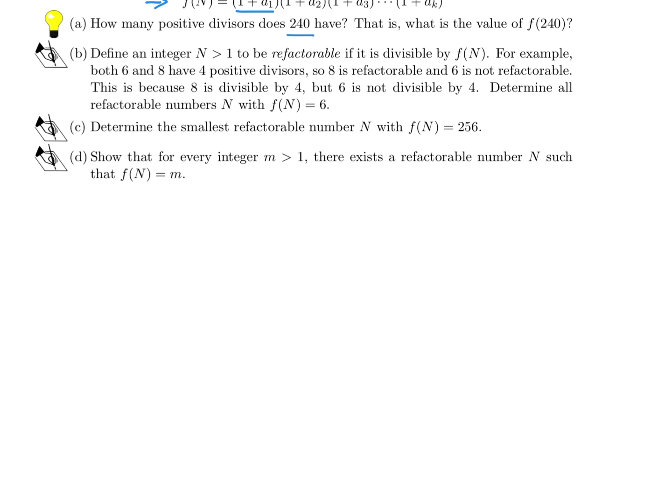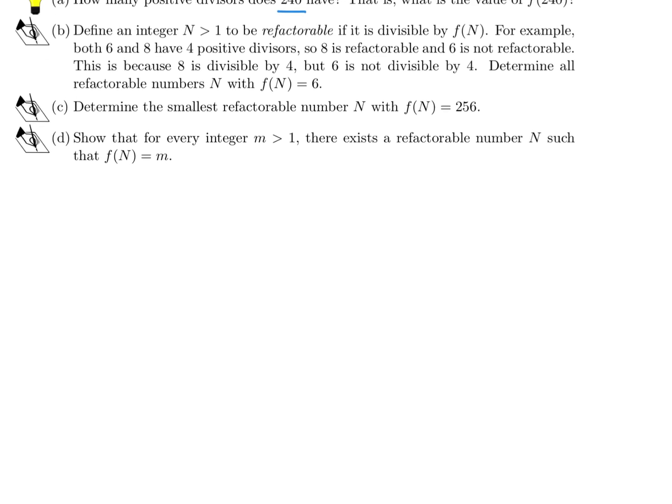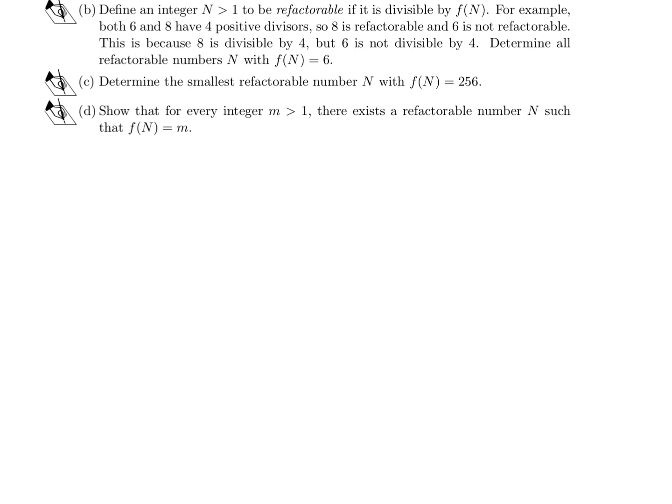Okay, so hopefully you understood that. Let me think about it first, actually. I'm going to talk very briefly about that 8 that they gave. 8 is 2 to the power of 3, right? So by definition, if you were to find f of 8, remember you take that exponent and you add 1, and that's it, since there's no others.